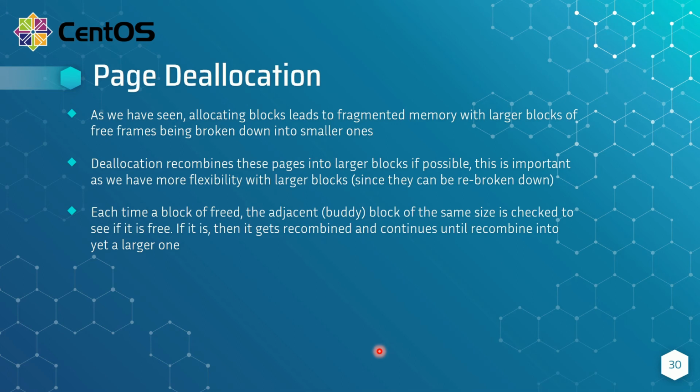Very similar to the memory manager lab we did, combining these blocks. We do want larger blocks since we have more flexibility with them, because if we ever need to, we can simply break them down again. So every time a block is freed, the adjacent buddy block of the same size checks to see if it's free. If it is, then it is recombined, and it continues to recombine as long as it can.